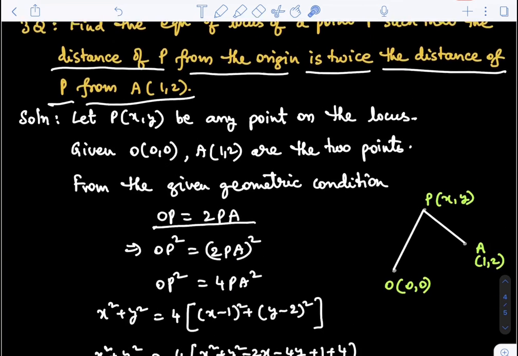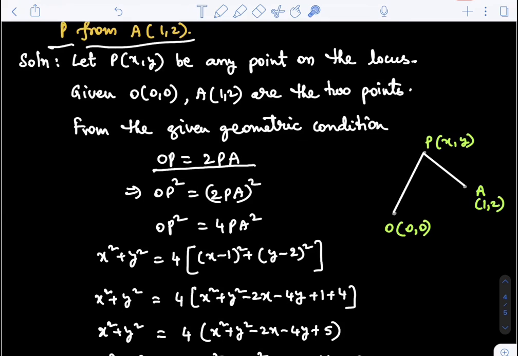OP square is 4 PA square, and the distance formula is applied here. And what is OP square here? See the diagram: it is x square plus y square, because (x minus 0) whole square is nothing but x square, and (y minus 0) whole square is y square. The RHS has 4 already.